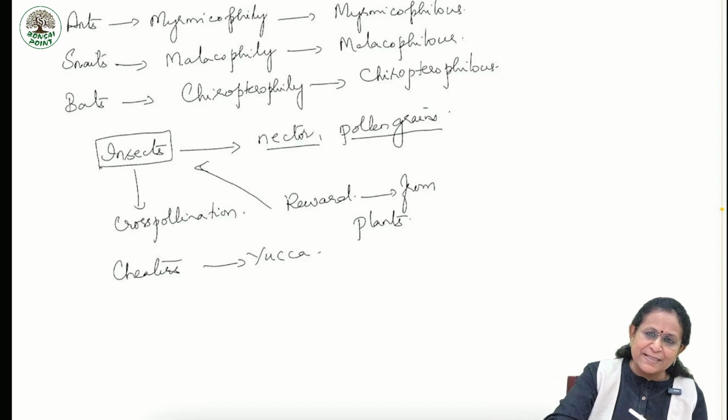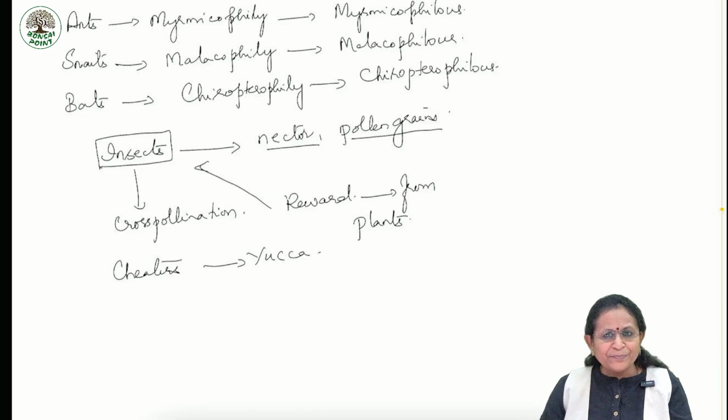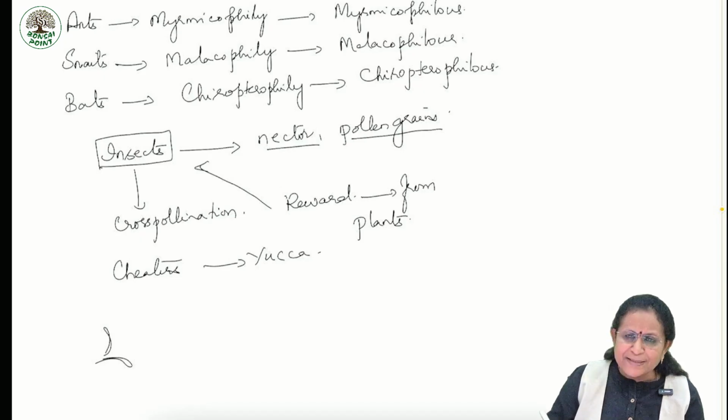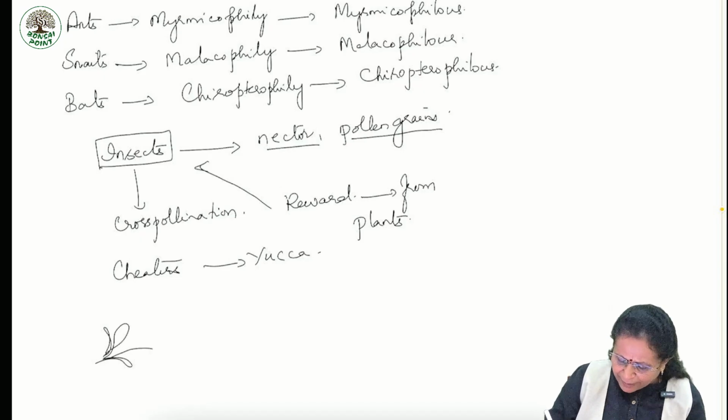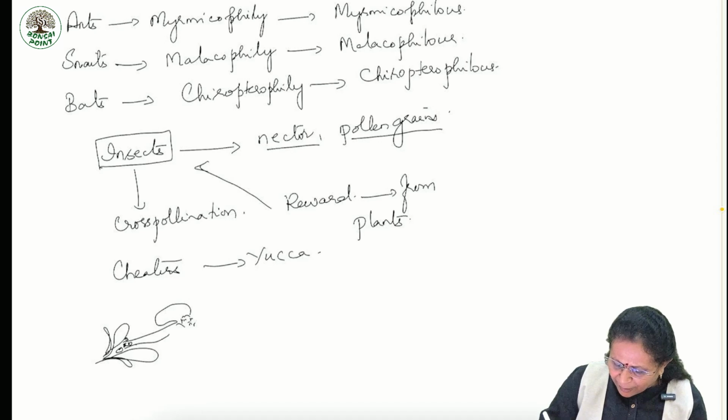It just comes inside, sucks the nectar, eats the pollen and then goes away. Imagine this is a flower. This is the calyx, a rough diagram I am showing. This is the corolla, here are the nectary glands, and this is the anther wherein the pollen grains are being released. I'll not draw the stigma, I'll just show you that the anther is present.